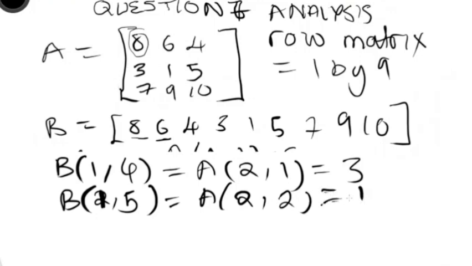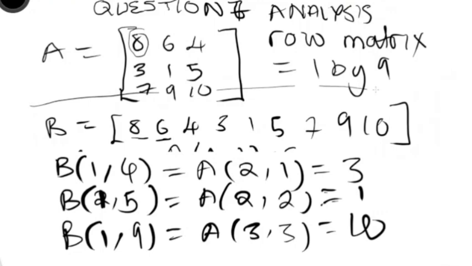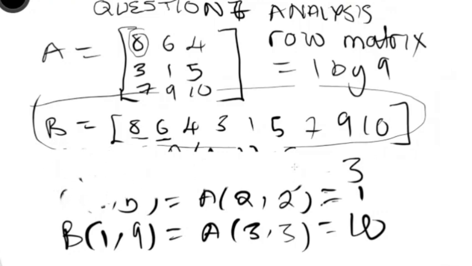We're going to do this up to B1,9, which will be equal to A3,3, which is this 10 here. And that is how we end up with this array here. Let me just wrap this up.